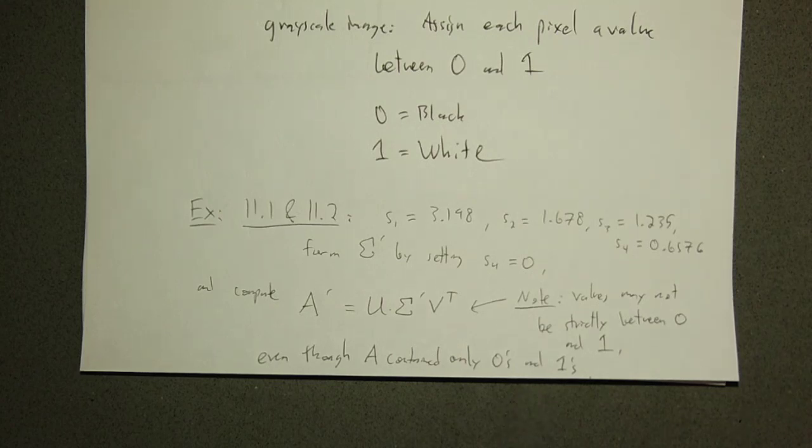But you might start out with a matrix. If you have some generic grayscale image in this way that we've defined, your matrix is going to have real valued entries between 0 and 1. So it's also true that starting out with a matrix with real valued entries between 0 and 1, you don't always end up.